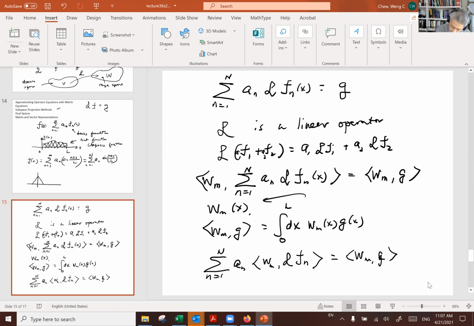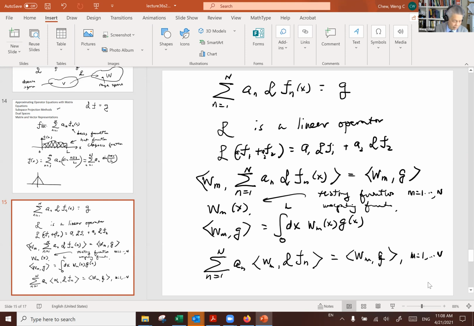This is called the testing function, or sometimes the weighting function. I will choose M of them, m equal to 1 to N, so that I have N of them.